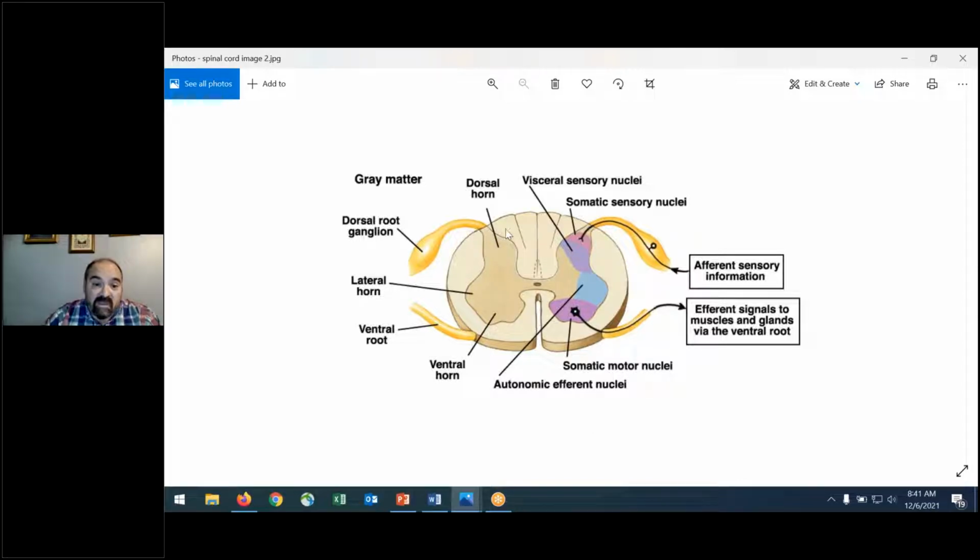Here we're looking at these structures, the dorsal root ganglion and the ventral root right here, which will form the spinal nerve. There are 31 pairs of spinal nerves, and they are bilateral, on both sides. They exit off of the spinal cord and through the spine, through that intervertebral foramen, the hole created by the vertebra above and below.